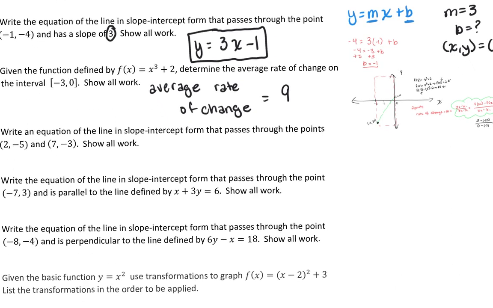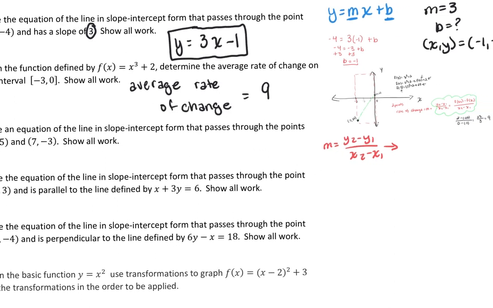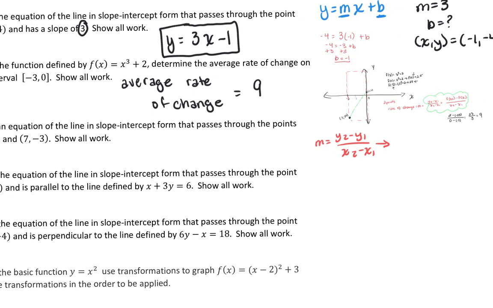Write an equation of the line in slope-intercept form that passes through the points 2, negative 5, and 7, negative 3. So let's look at this problem. We don't have a slope, but we do have 2 points. And we said earlier that when you have 2 points, you can find m by using this formula, correct? So let's go ahead and find m, just so we can get one part of our equation, right?